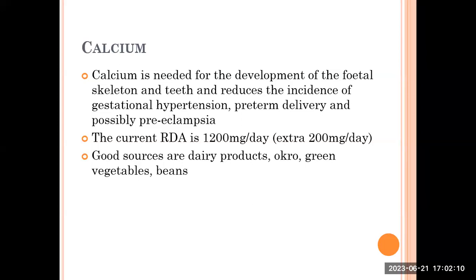The others that I've mentioned, like okra, green vegetables and beans, provide some amount of calcium, but not enough to meet requirements. So you need to go to the soft bones of fish, and then you can get it.